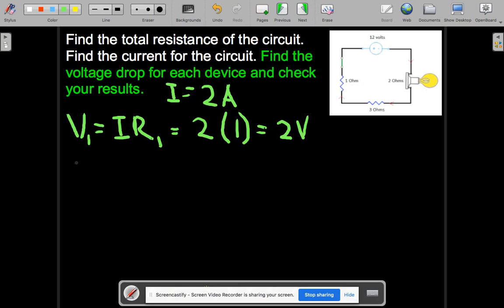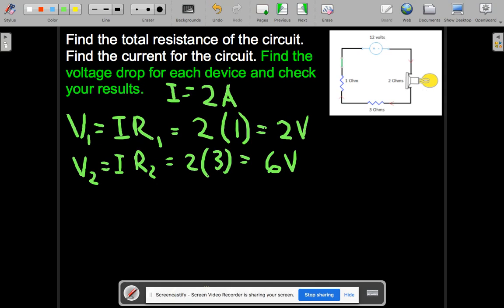Then we look at the second one, V2. We're going to take our current times our second resistor. So we've got 2 amps times our second resistor, which is 3 ohms. And we get 2 times 3, which is 6 volts.